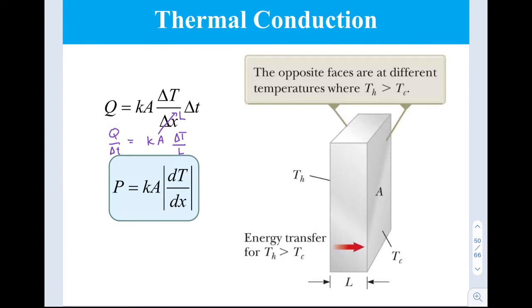Q over delta t is actually power, because power is defined as the rate of transfer of energy. If we're talking about power, it has to be a positive amount.